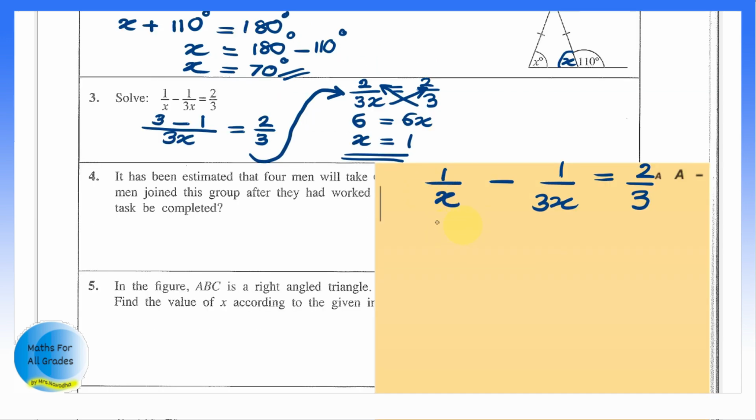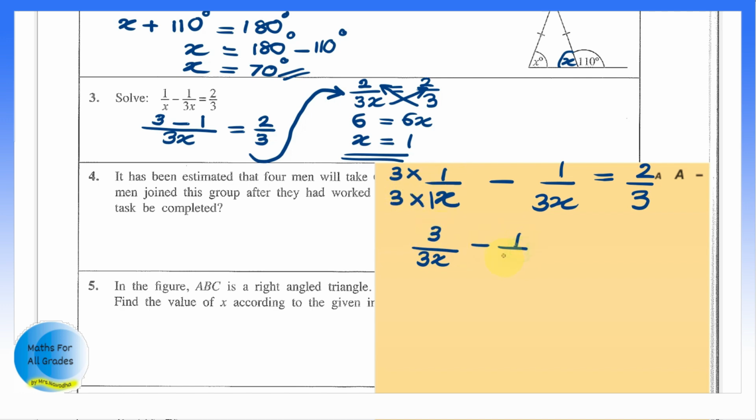In this case, you can see they are not. Here both denominators have x, but here you can see there is 1 and there is 3. So what are you going to do? You are going to multiply this denominator by 3. When you multiply the denominator, you should multiply the numerator by the same value. So now let's solve this one. 3 times x, 3x. 3 times 1, 3.